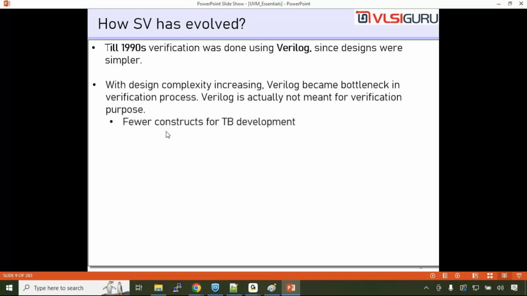It has only module, always, assign, initial, some few operators and few data types. That was not sufficient for efficient test bench development. It doesn't have functional coverage, interface, function, different types of arrays, mailbox, queue, a lot of things were not there. Hence, it was getting difficult to do test bench development using Verilog.